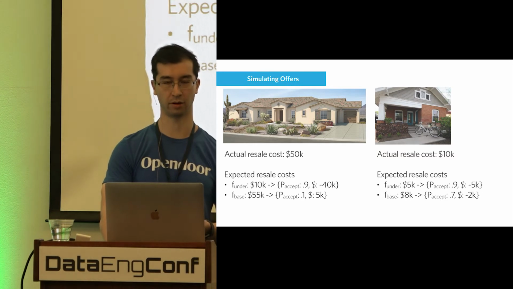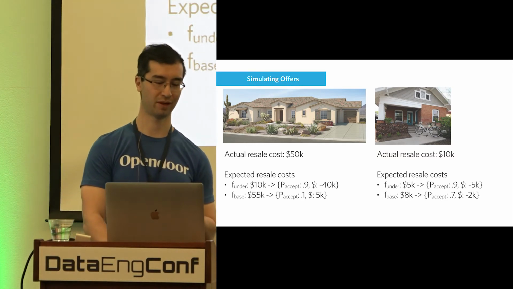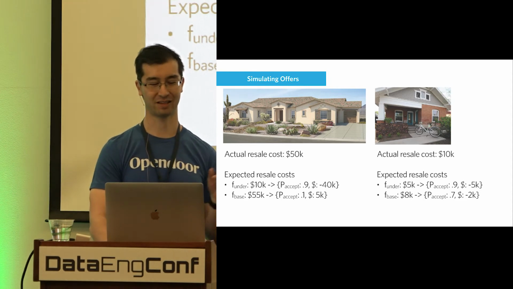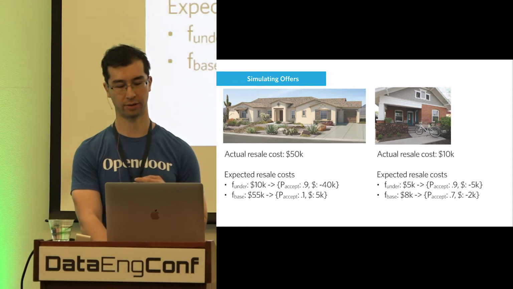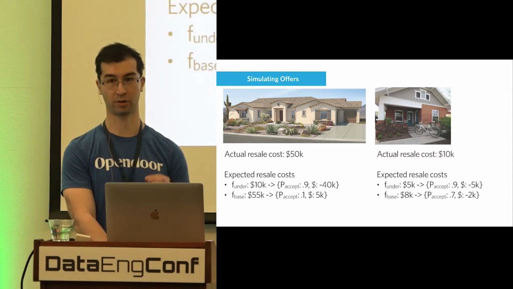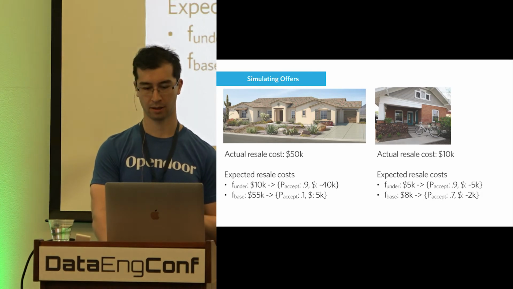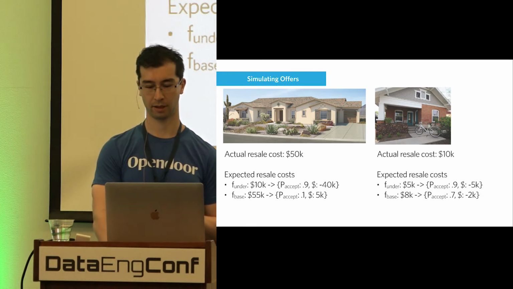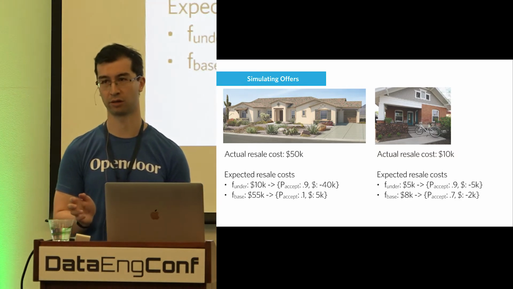And there's another model, our baseline pricing model, which does better. Well, it's more accurate. So it estimates $55,000 in expected resale cost. The seller is less happy in this case, and we book a small profit. So they're only willing to accept with probability 0.1. For the second house, it sold in 1 month, so we can translate it into $10,000, for instance.